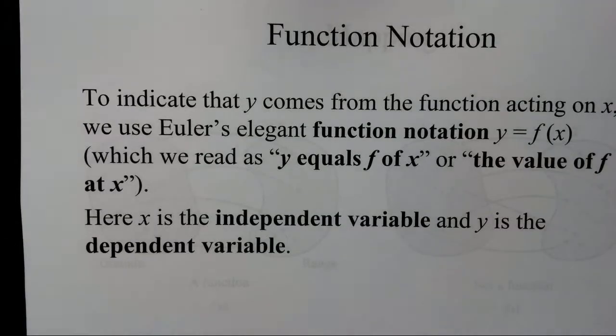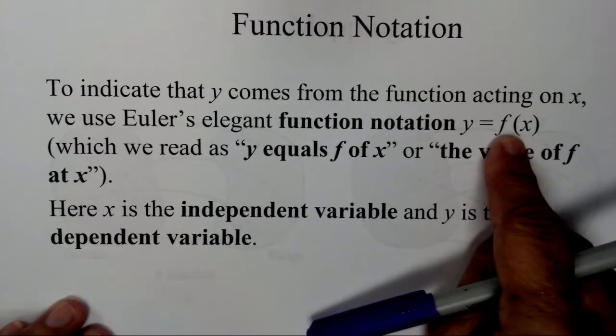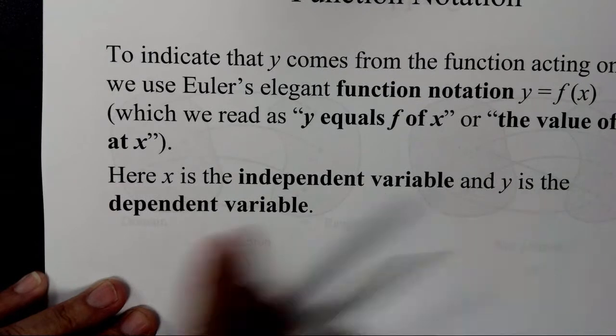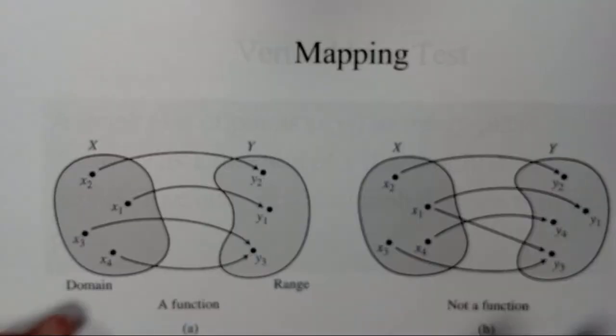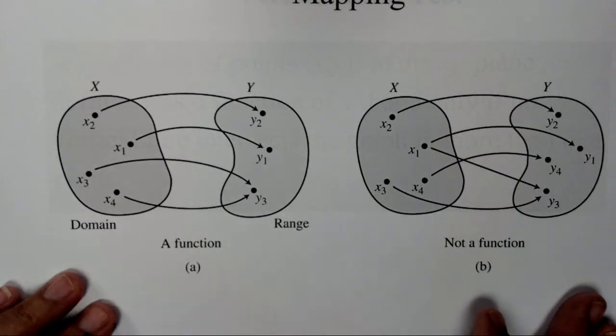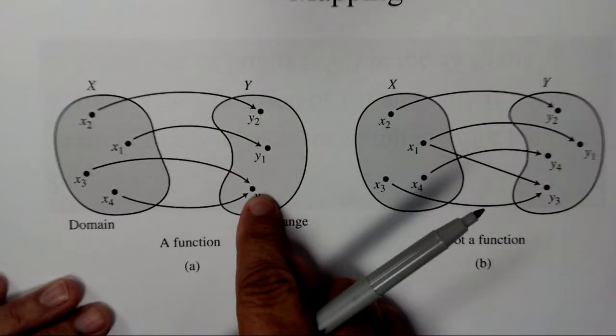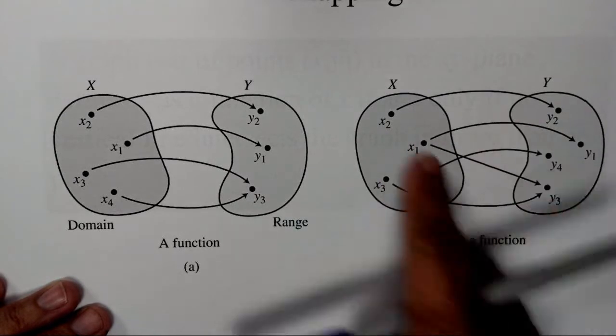Okay? Function notation. I'm sure you've all seen f of x before, correct? That's function notation. X is the independent, y is the dependent. Mapping. Ever seen those before? Okay. Is it okay that it goes to the same place? Is it okay that it comes from the same place?